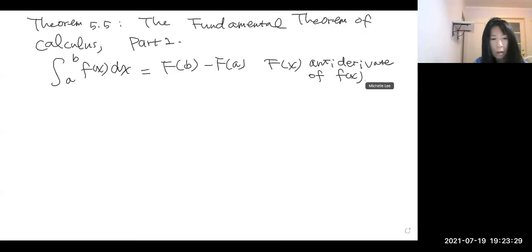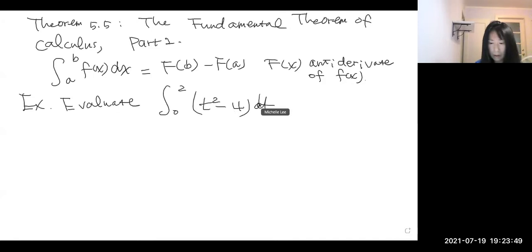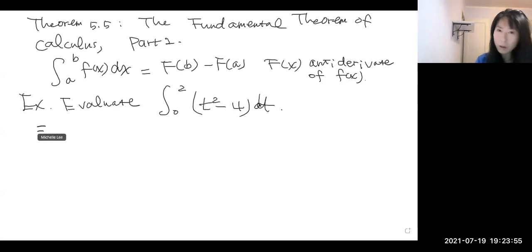Okay. So for example, if we have, how about I want to do from 0 to 2, t squared minus 4 dt. Okay, so we have two terms, so we can split.